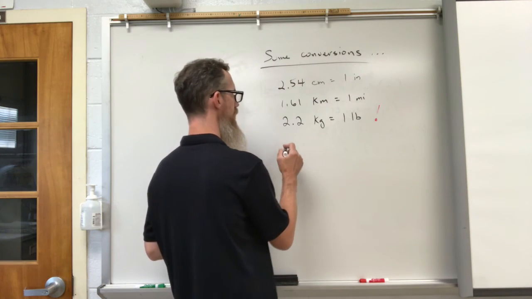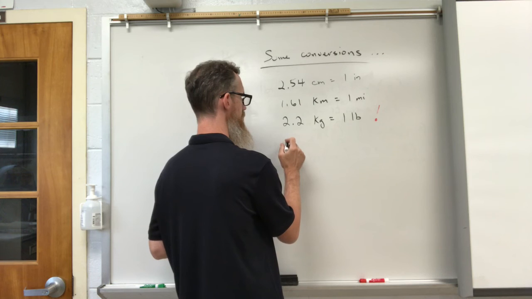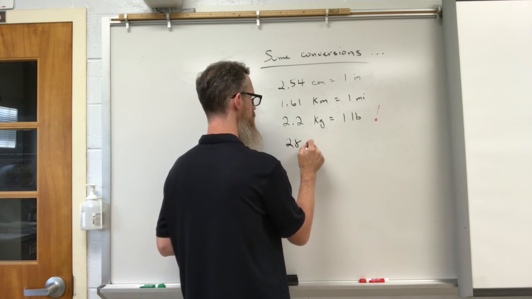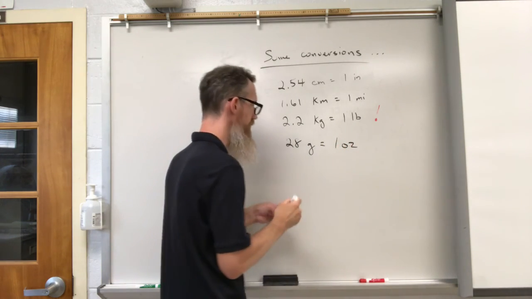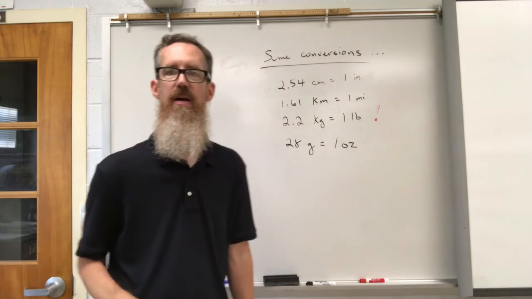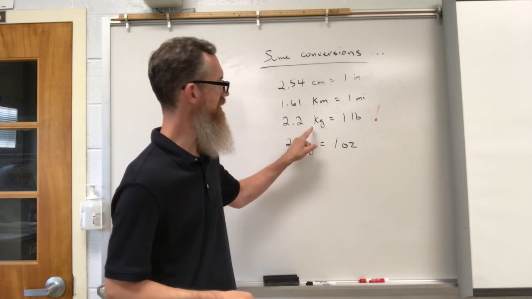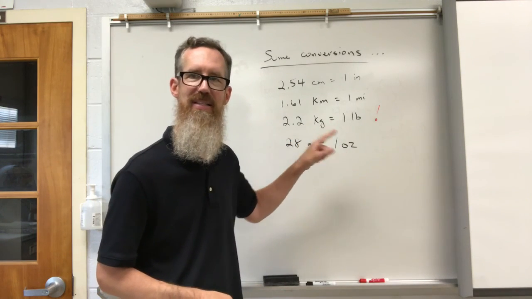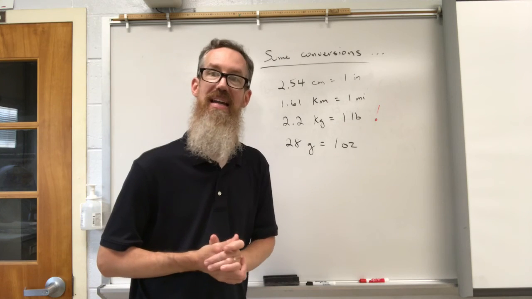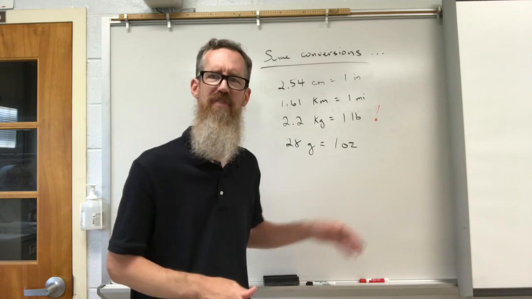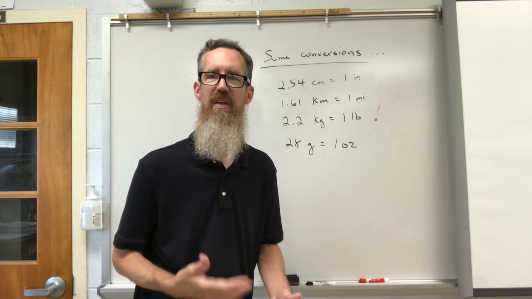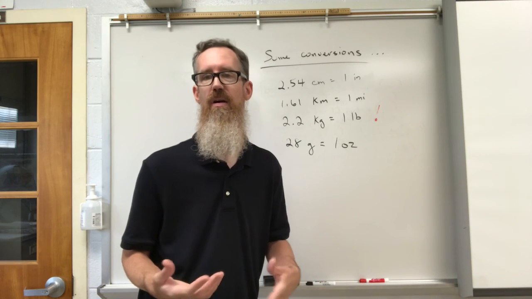The other thing I forgot to put up here is that 28 grams is roughly one ounce. This actually doesn't compare the same thing. One is mass and one is weight, but we'll get into that discussion a little bit down the line. But it's good enough for now to get you to convert from one thing to another if you need to when you're at home.